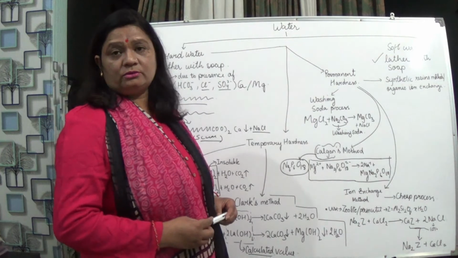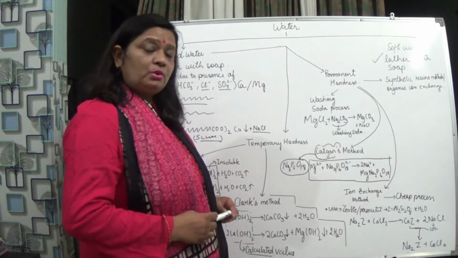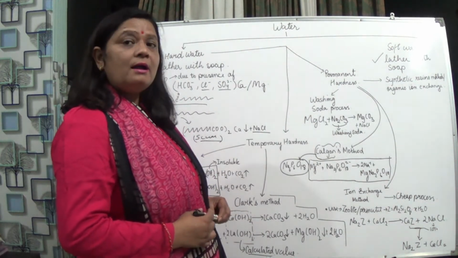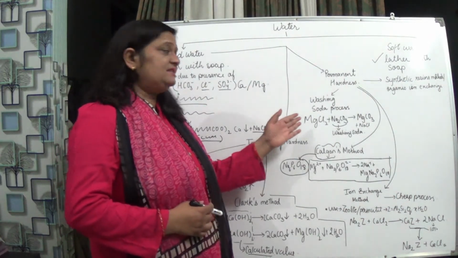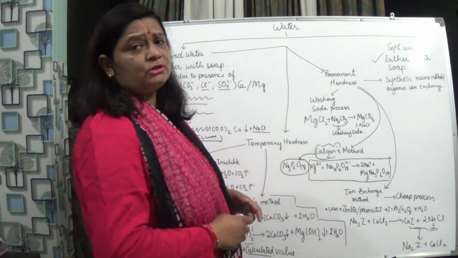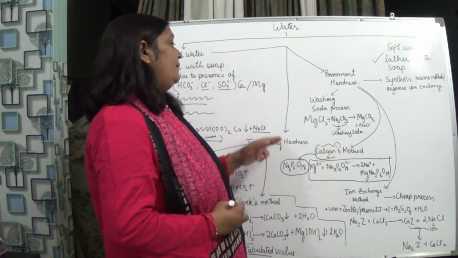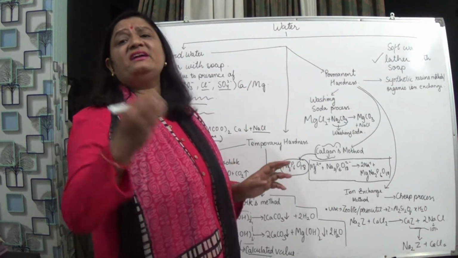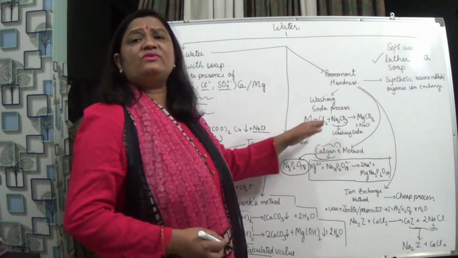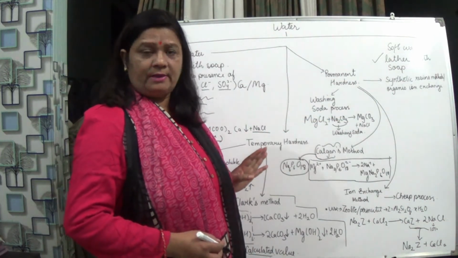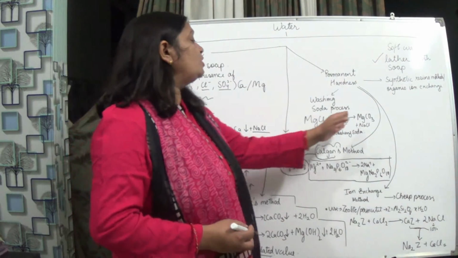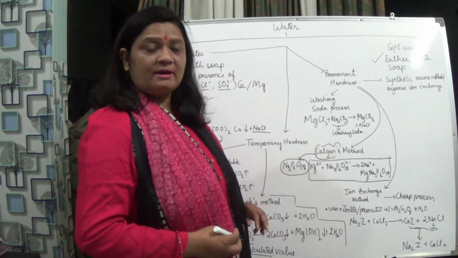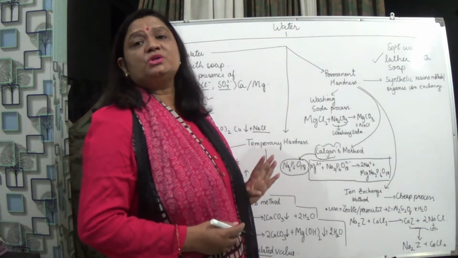It is Na2CO3.10H2O, sodium carbonate decahydrate, but for convenience it is written in the books as Na2CO3. The magnesium chloride present in the water, making it hard, reacts with sodium carbonate, giving insoluble magnesium carbonate and making the water soft.